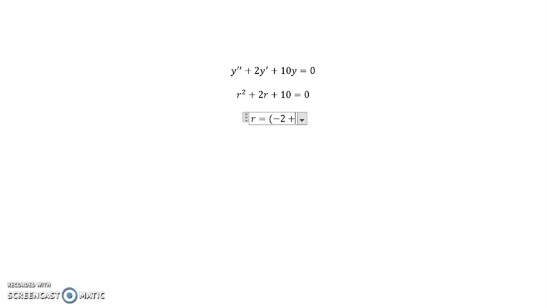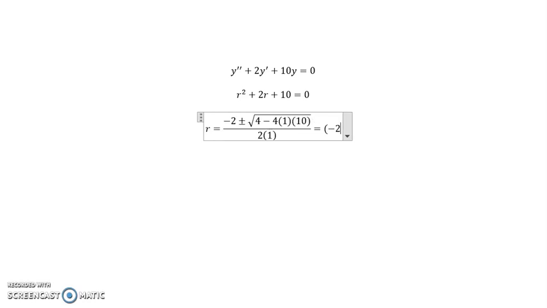So -2 plus or minus the square root of +2 squared, which is going to be 4. And then 4, that's just in the equation, times a times c, and then divided by 2 times a.